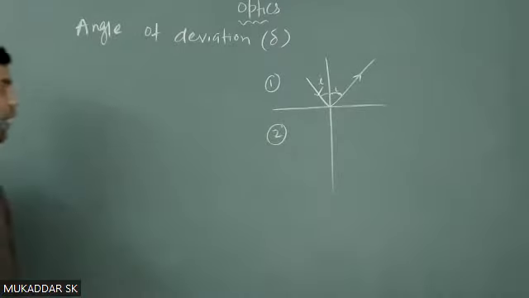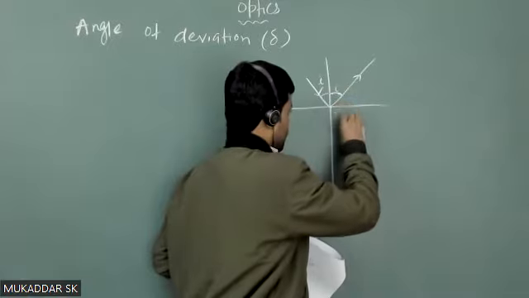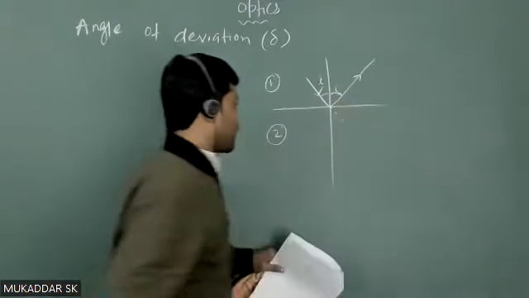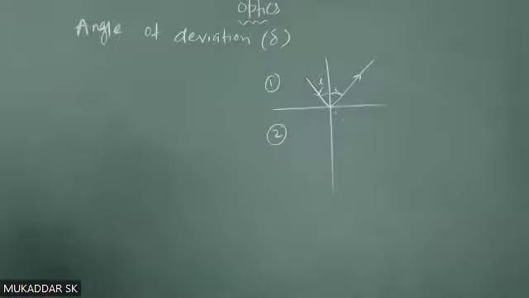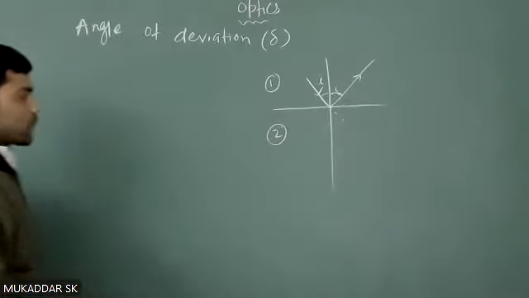Now, if the path is undeviated, then how can I show that? I can show it like a dashed line. If there were no reflection here, the light would follow this undeviated path, right?